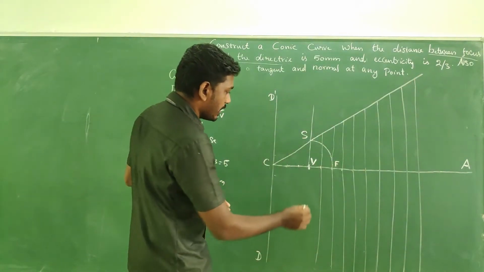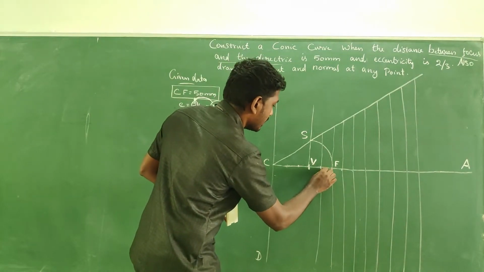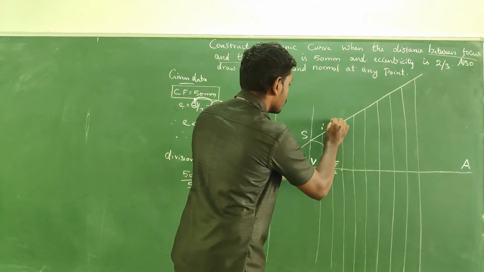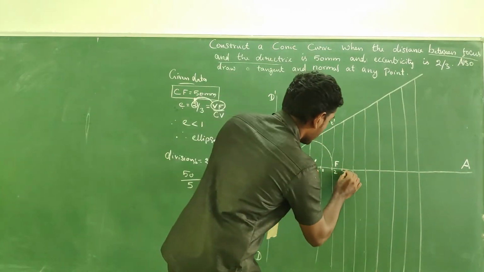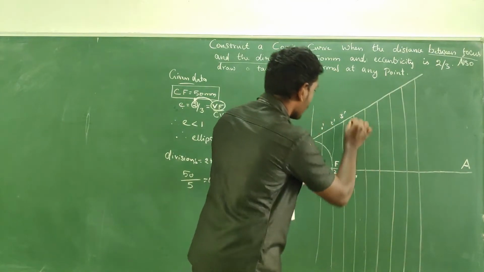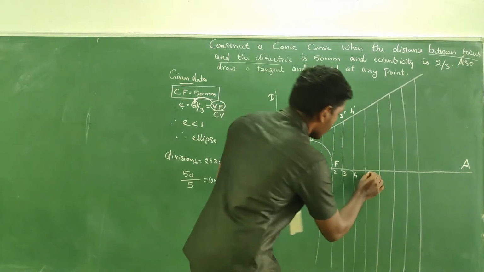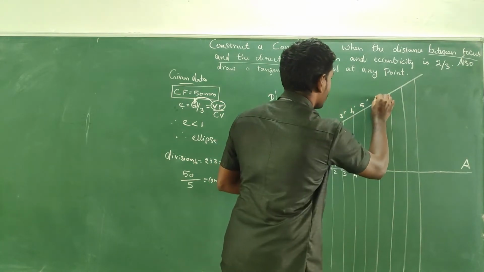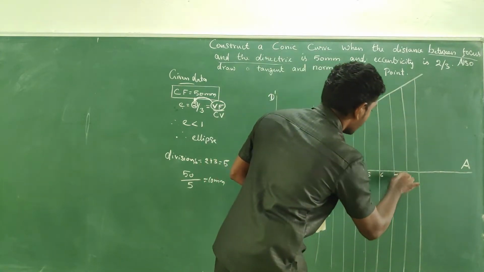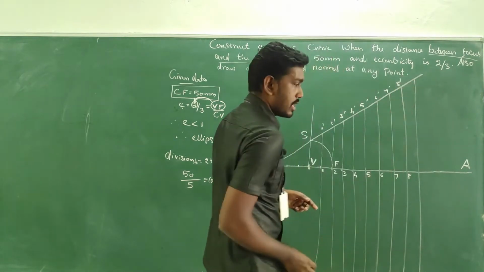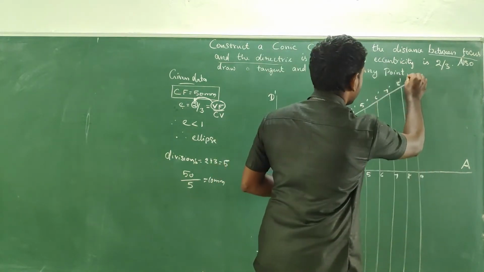If I give names, this is the first line, I am going to call it 1, 1 dash. This is the second, 2, 2 dash. This is 3, 3 dash. This is 4, 4 dash. Fifth line, 5, 5 dash. 6, 6 dash, 7, 7 dash, 8, 8 dash, 9, 9 dash.